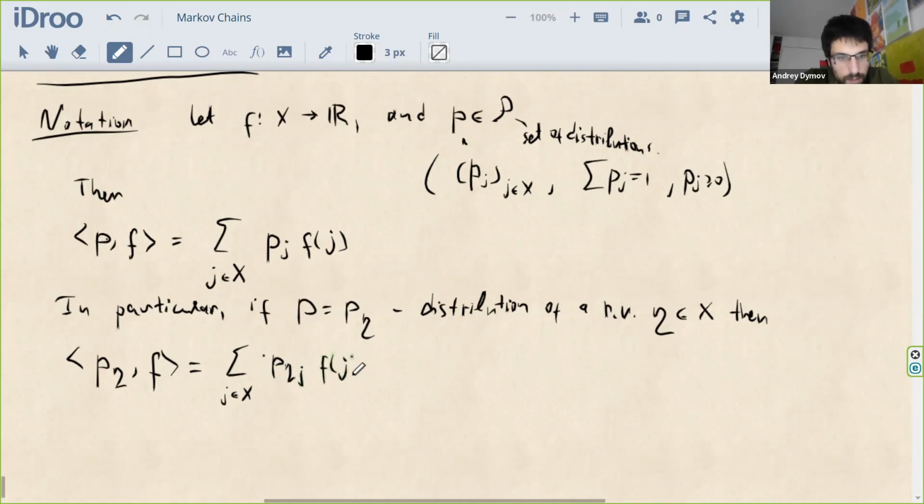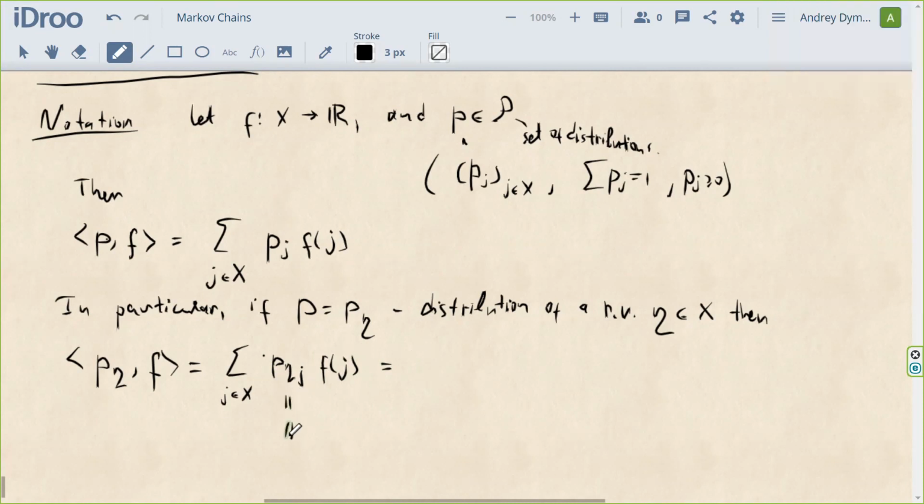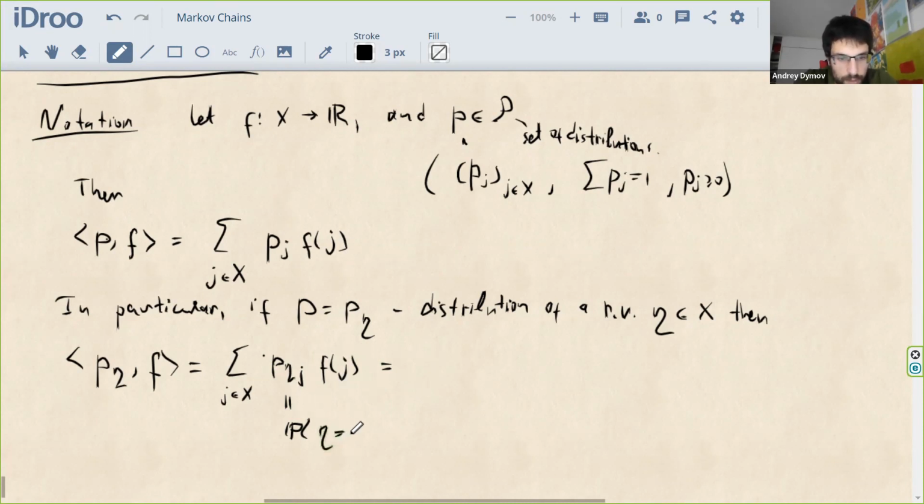What is this? It is the expectation of f of eta. Exactly. Because what is p eta j? By definition, this is the probability that eta equals j.